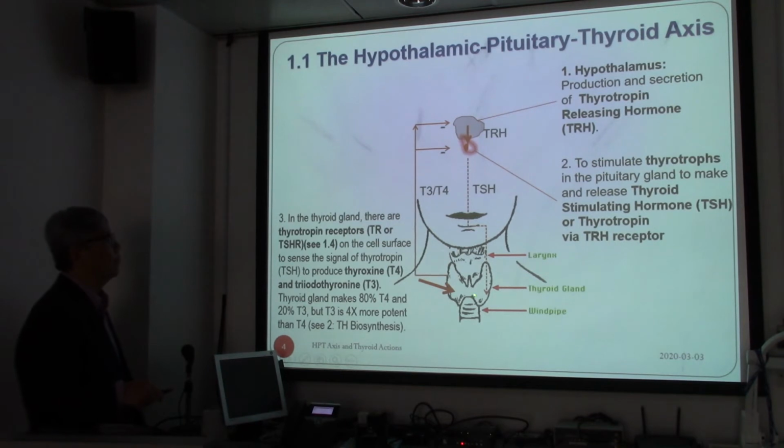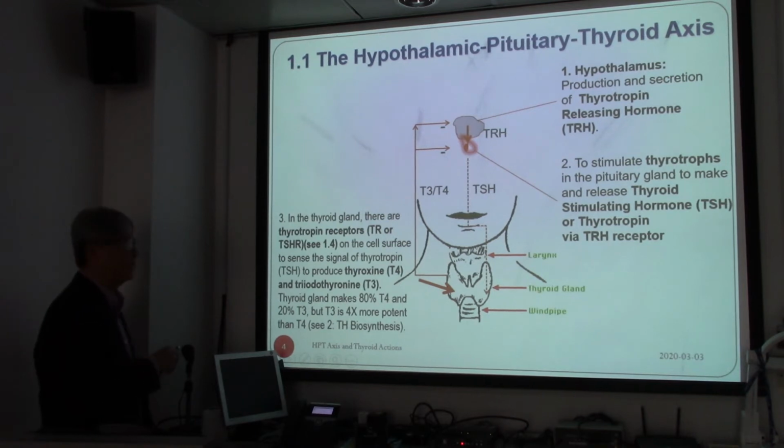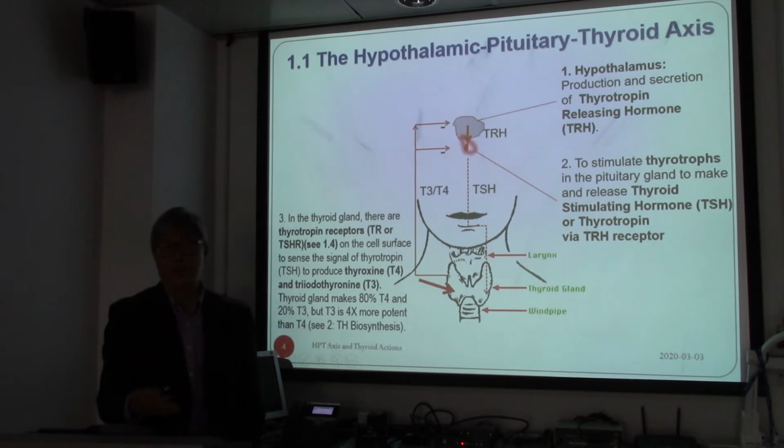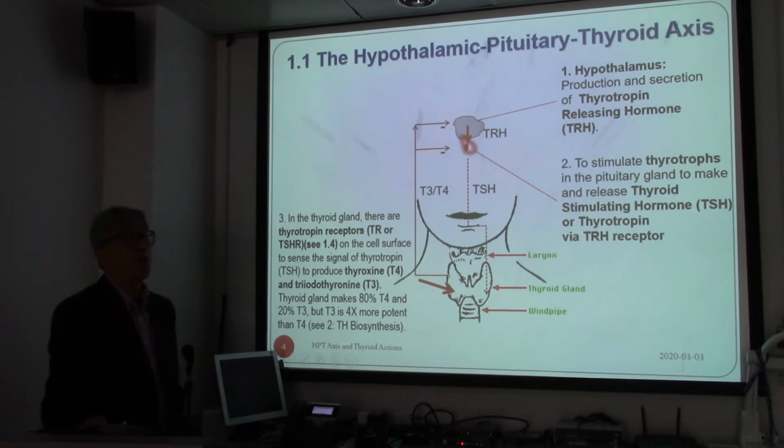The majority of the hormone made is T4, 80%, and only 20% is T3. And then T3 is actually four times more potent than T4. But later on, in other peripheral tissue, T4 would be converted into T3 by another enzyme known as deiodinase.